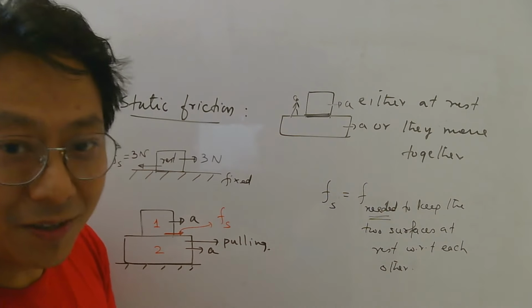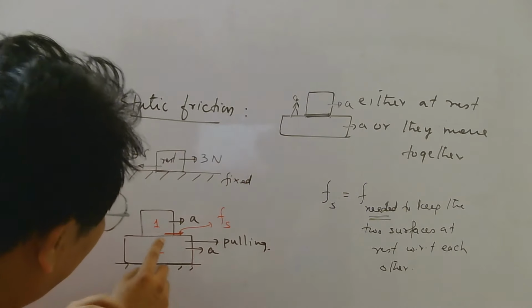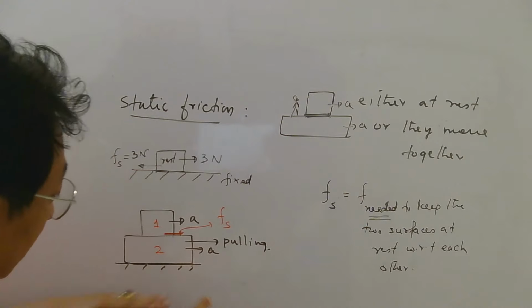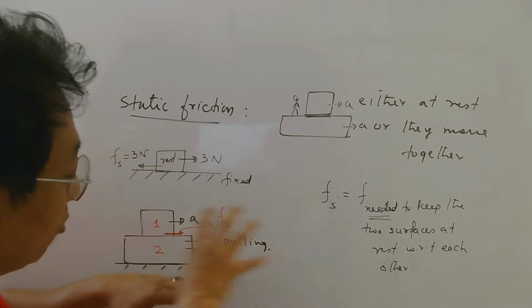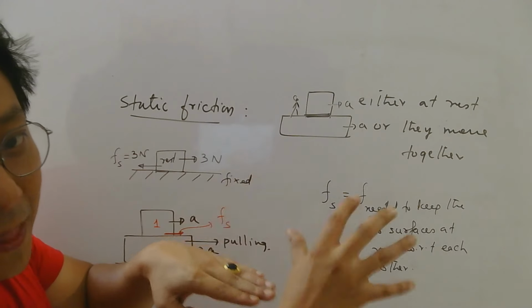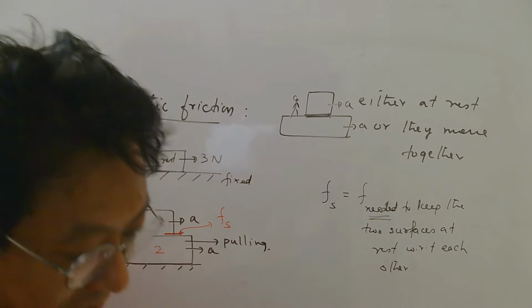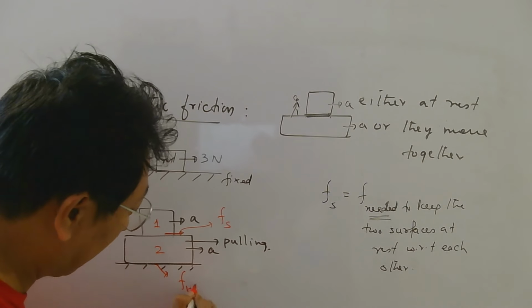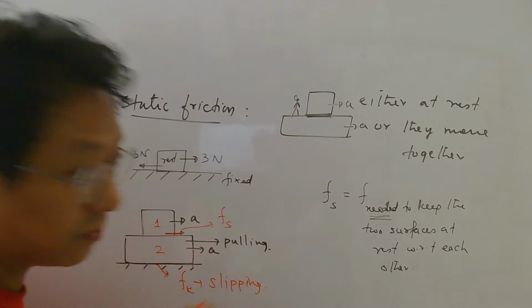Please understand, though the blocks are moving, on this surface the friction is static. Of course, on this surface, because this is the floor, the floor is at rest only, but the block is moving, so there is slipping. So when there is slipping, the friction here is kinetic friction.